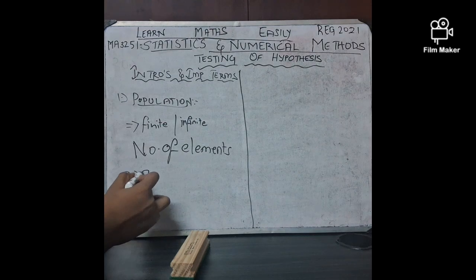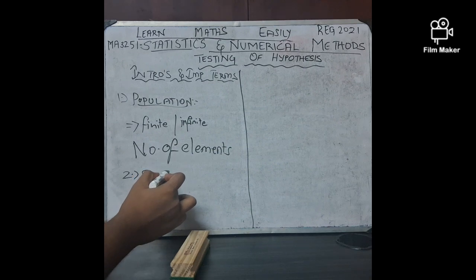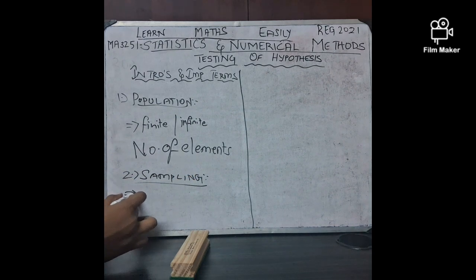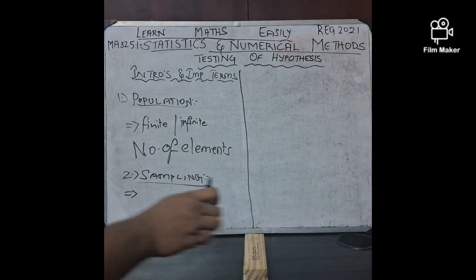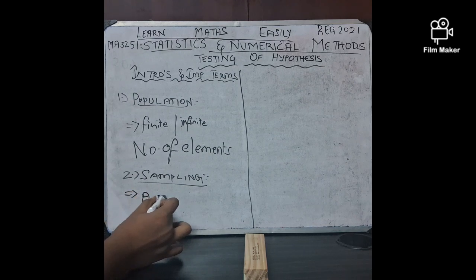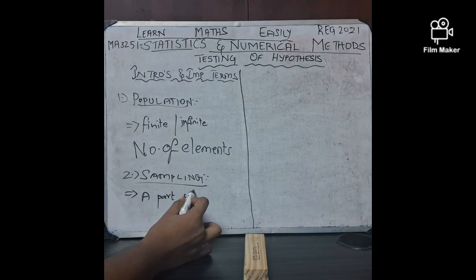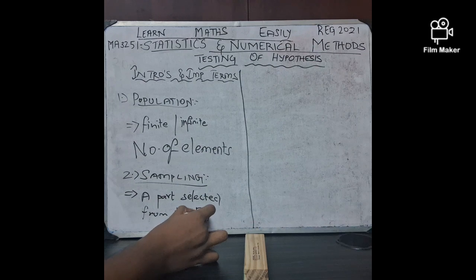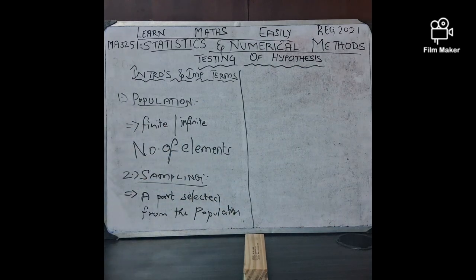Then another important term which we need to know is sampling. A part selected from the population is what your sample is.